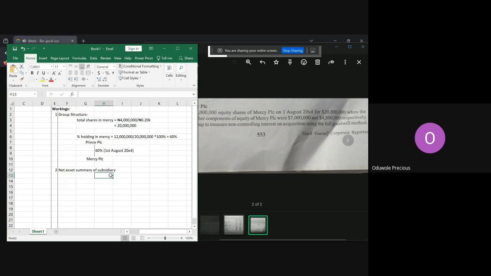We have date of acquisition, DOA, and date of consolidation, DOC, and you have post acquisition earnings. I'll just use the acronym, post acquisition earnings.